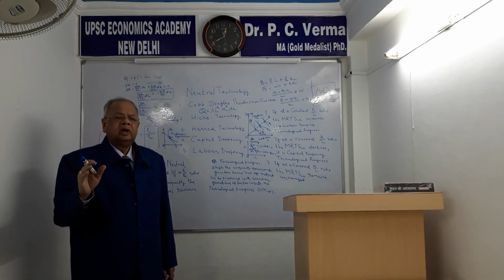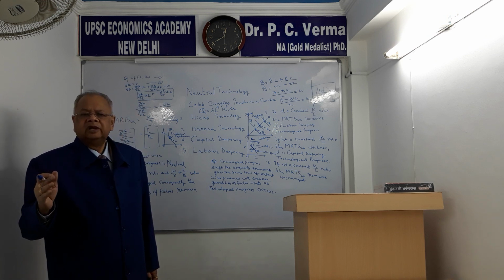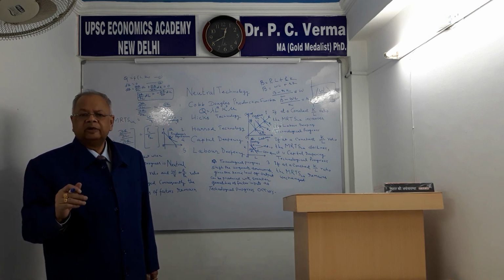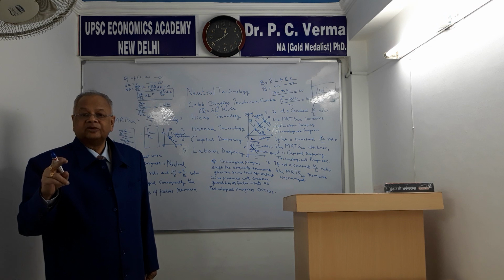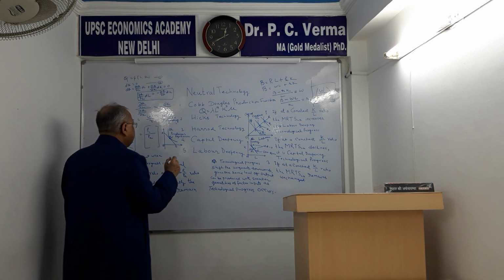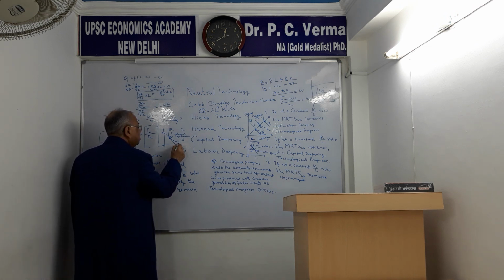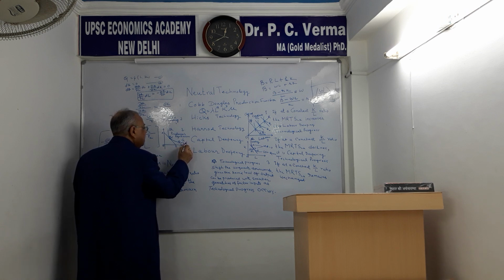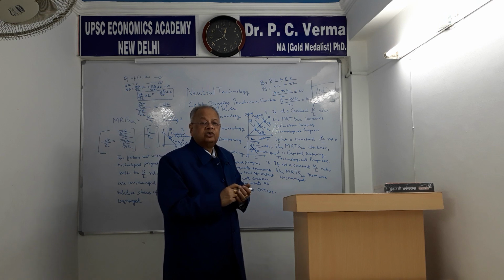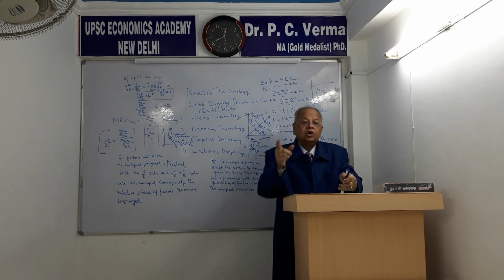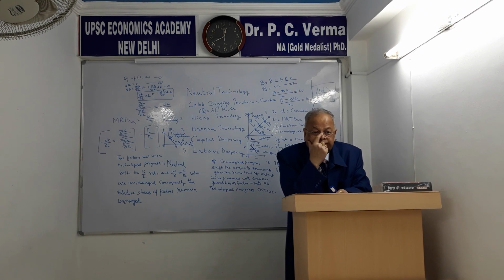If we discuss in general, there is a general producer's equilibrium. If we say producer's equilibrium on the basis of Cobb-Douglas production function, then what will we do? Q will be equal to lambda L alpha K beta mu. Then this will be producer's equilibrium under the Cobb-Douglas production function model.